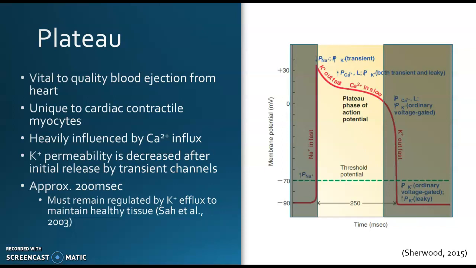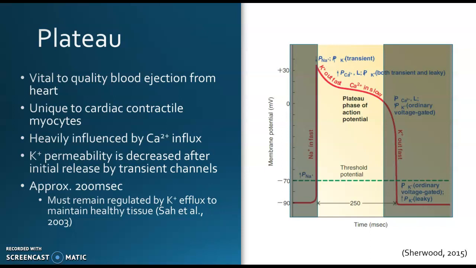cardiac cells are vital. This plateau phase has to happen in order for us to have that good quality contraction that is going to actually allow blood to be ejected from the heart and pumped through our body.